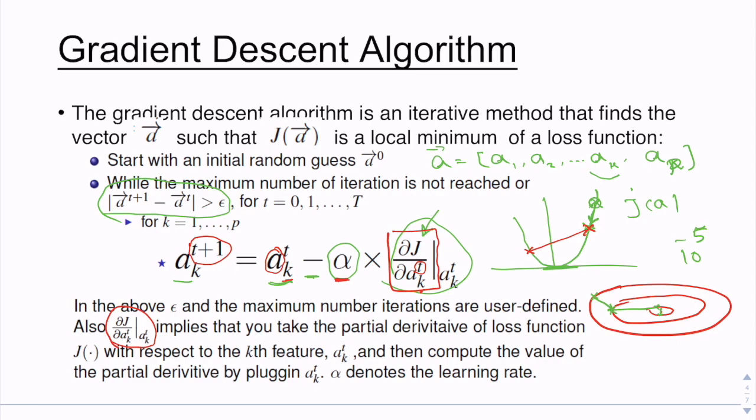So don't get confused. This means that you compute the derivative, and then you plug in the current estimate of the parameters to find the slope. That gives you the magnitude of the slope.